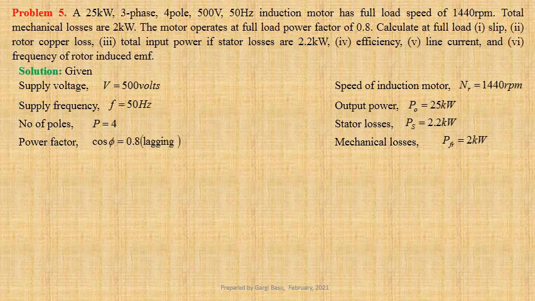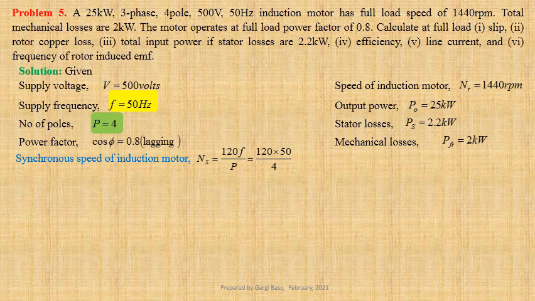Let us first calculate synchronous speed of this motor. Ns equals 120 F by P, that is equal to 120 into 50 divided by 4, that gives us 1500 RPM.